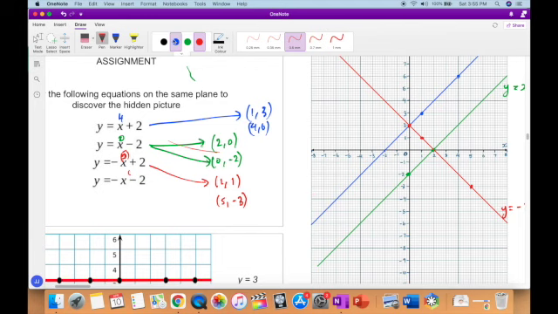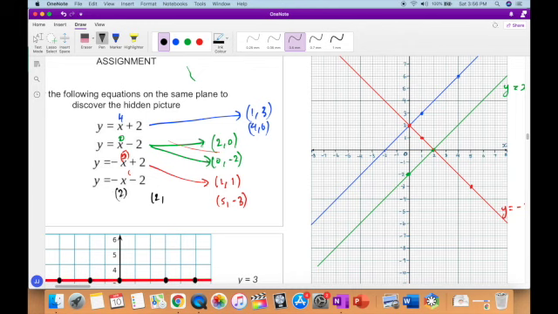And now let's do the last one. I'll do the last one in black. And this last one is y equals negative x minus 2. So we can see here that it has a negative gradient. So let's say when x is positive 2, the negative will make it minus.